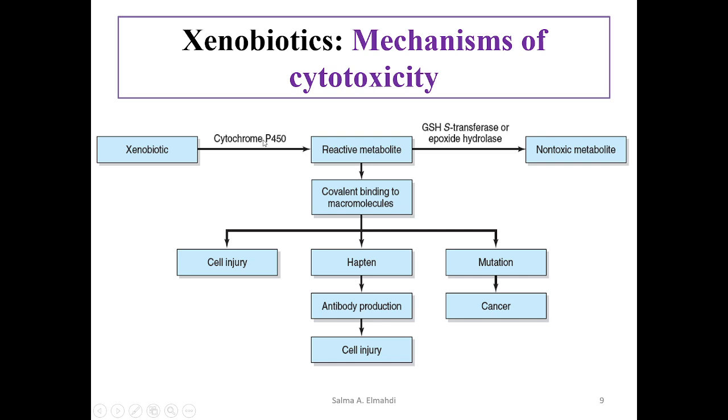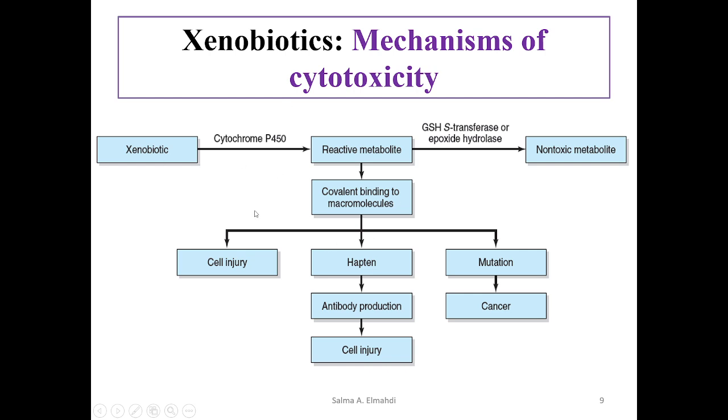And this is a figure that illustrates that a xenobiotic through metabolism, for example, through cytochrome P450, will generate reactive metabolites that will generally be hydrolyzed or detoxified to form non-toxic metabolites. If this does not happen, the reactive metabolites can bind covalently to macromolecules such as nucleic acids and proteins, as we have already mentioned, leading to cell injury.